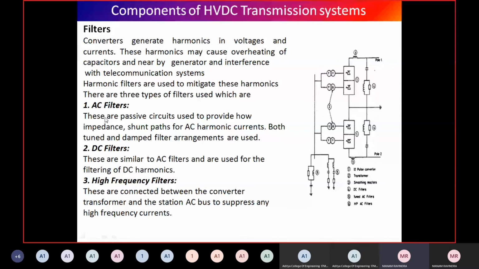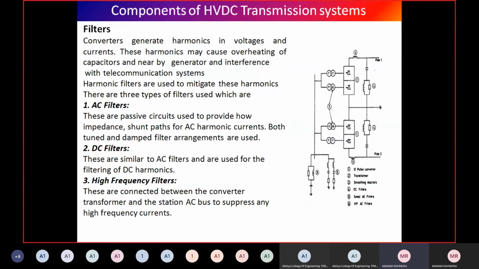Now, AC filters are passive circuits used to provide a low impedance path. When we consider AC filters, low impedance is always provided. As I already told you in class, suppose any fault occurs or any unwanted harmonics are there, if you provide a low impedance path, what happens? The fault current or harmonics present in the system will flow to the ground through the low impedance path.